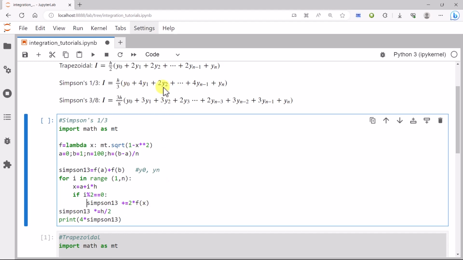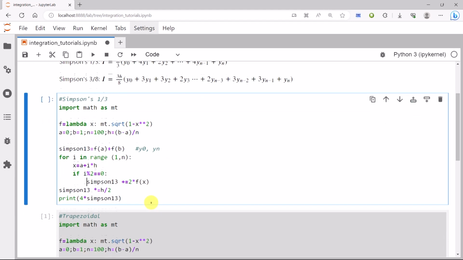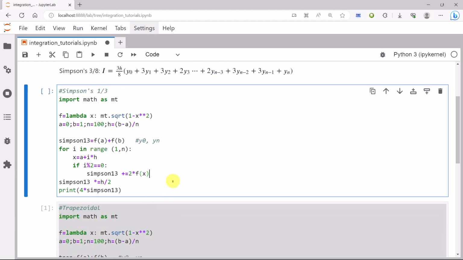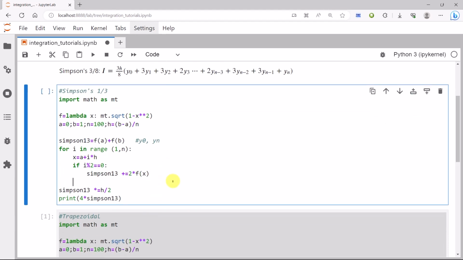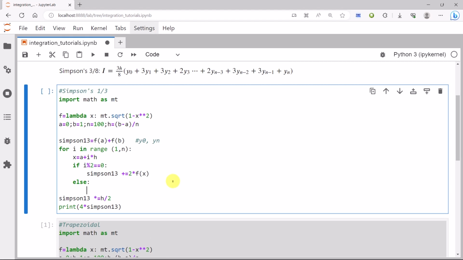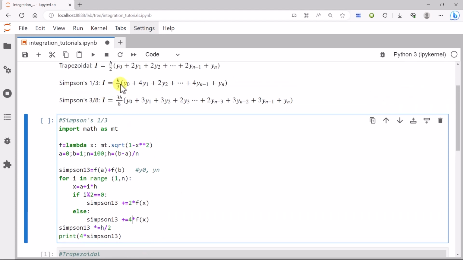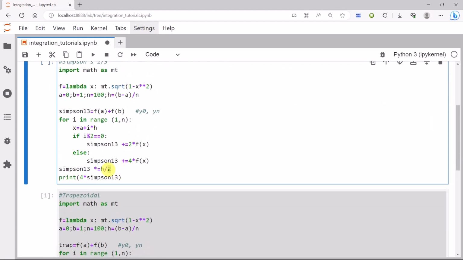Yeah, so this is 2, this is fine. But if it is not, else, it would be 4 times. So let's copy it, and it should be 4 times. So that completes it, and then h by 3 here, h by 3.